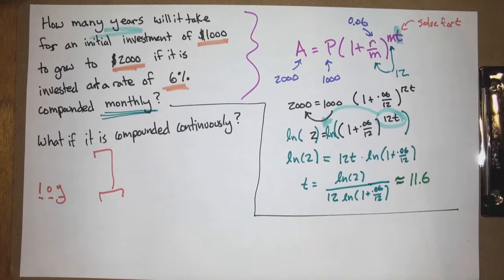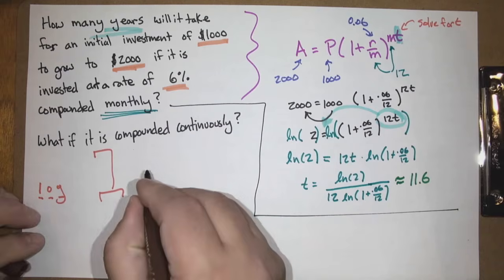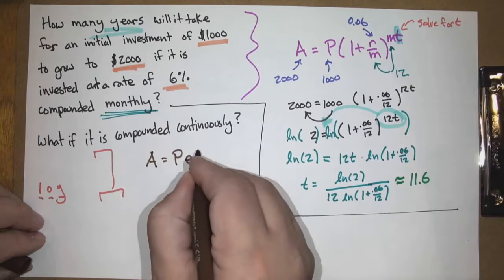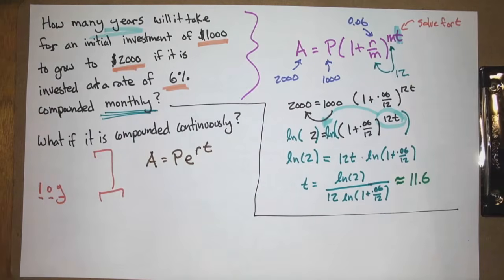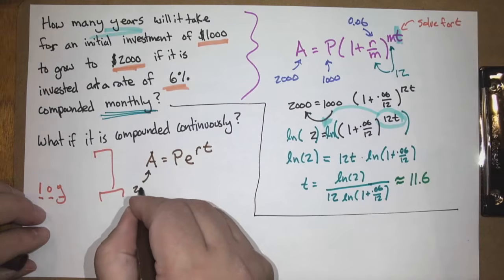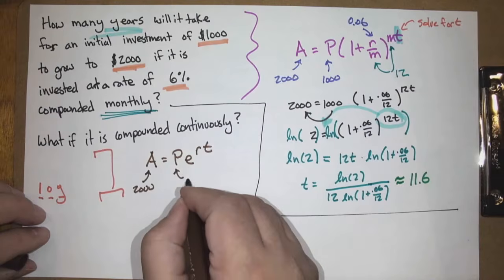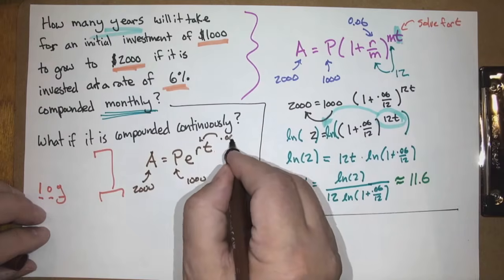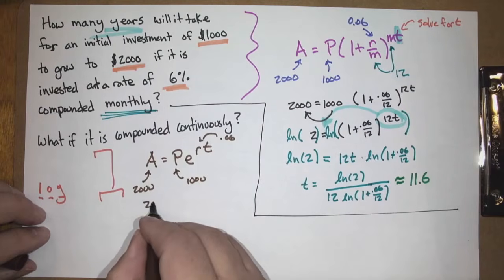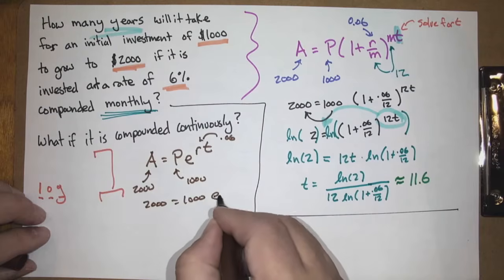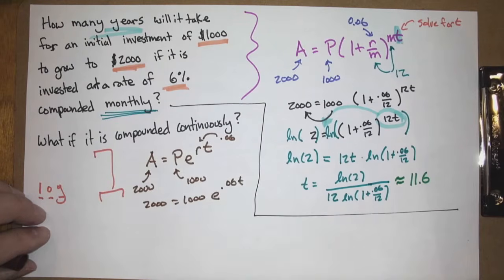Now here the formula becomes a little bit simpler, right? We have our A equals P e to the RT. That's our basic formula. But we still have the same things for A. That's still 2,000. P is still 1,000. R is still 0.06. So we get 2,000 equals 1,000 e to the 0.06 t.